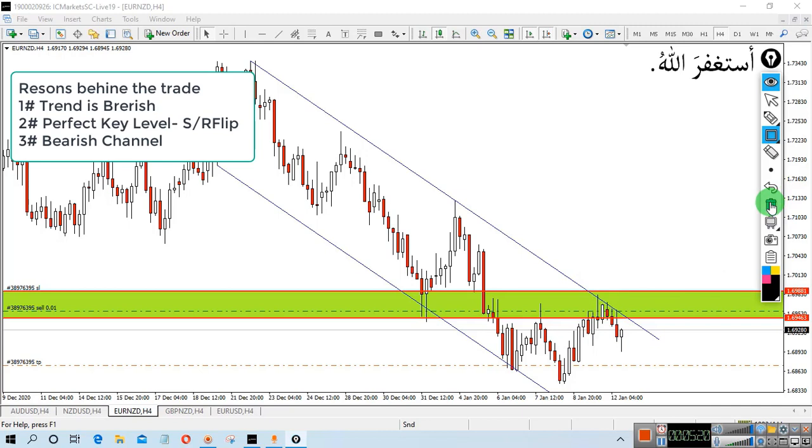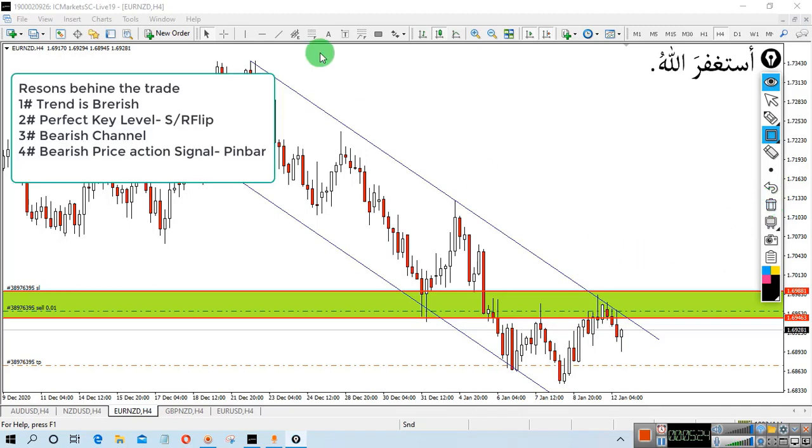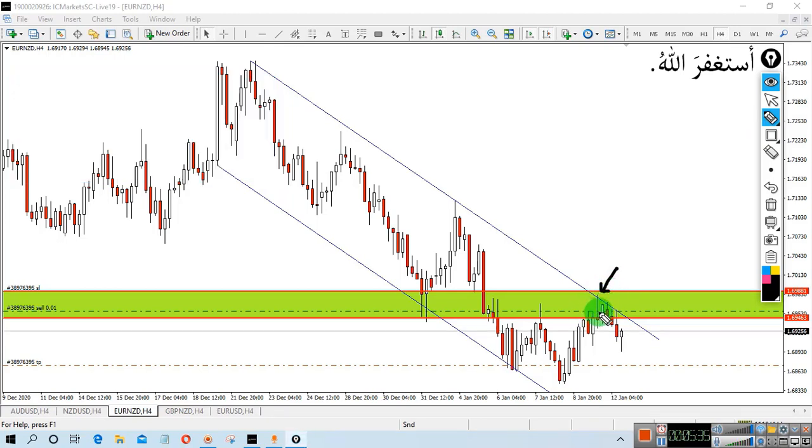Okay, let's talk about the fourth reason. The fourth reason is we have a bearish pin bar, or you can say a bearish rejection bar, on this important area of value. Area of value means where we have to find the trades.